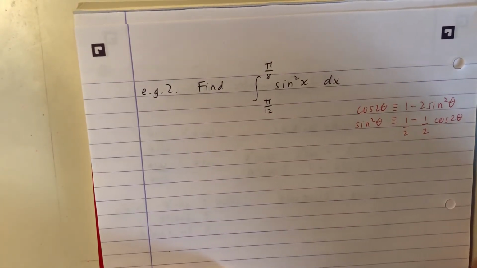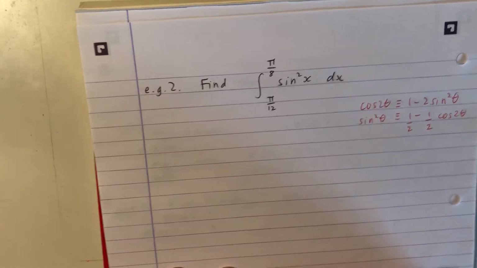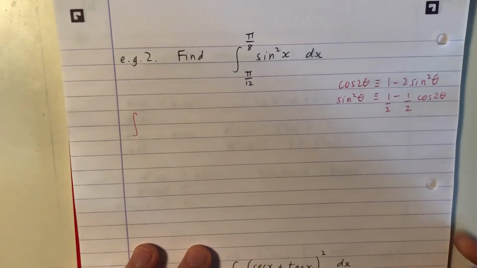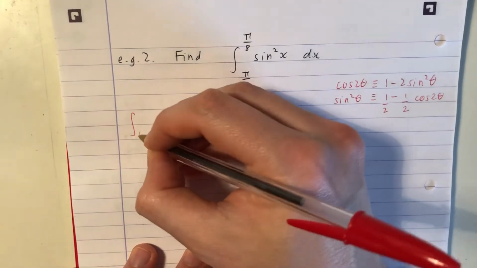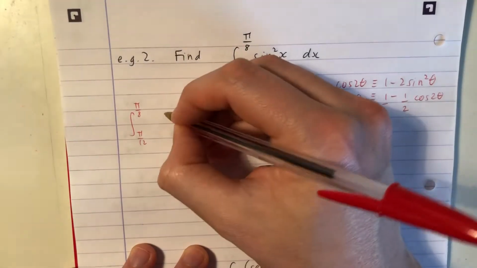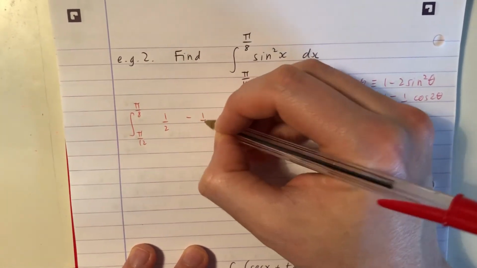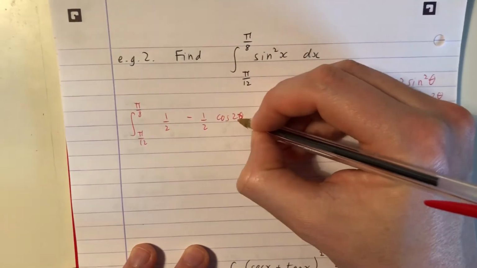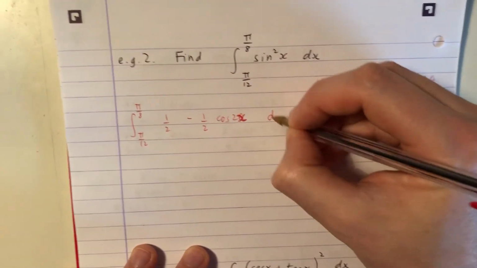Right, let's replace sine squared x with that. So we have the integral between pi by 12 and pi by 8 of a half subtract a half cos 2x dx.